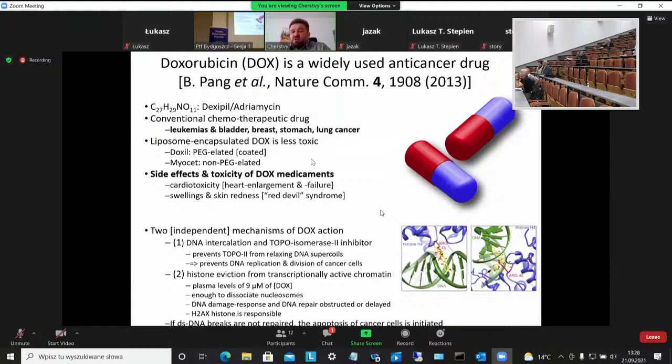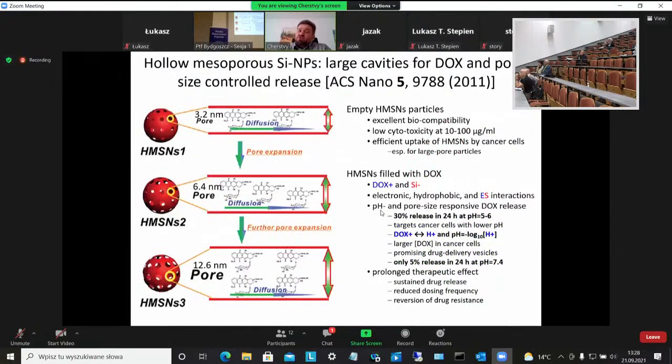And one of these ways is to put this drug into, in this case, porous silicon nanoparticles with some pores, which then allow the drug to exit. You can control the diameter of these pores and, in a way, control the concentration of the drug in the blood.